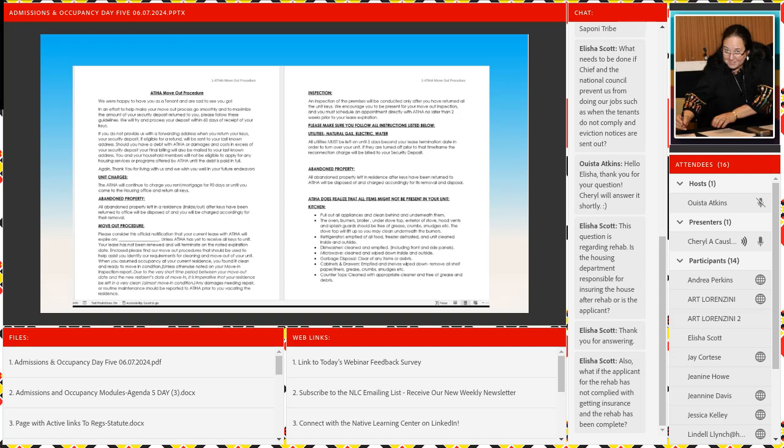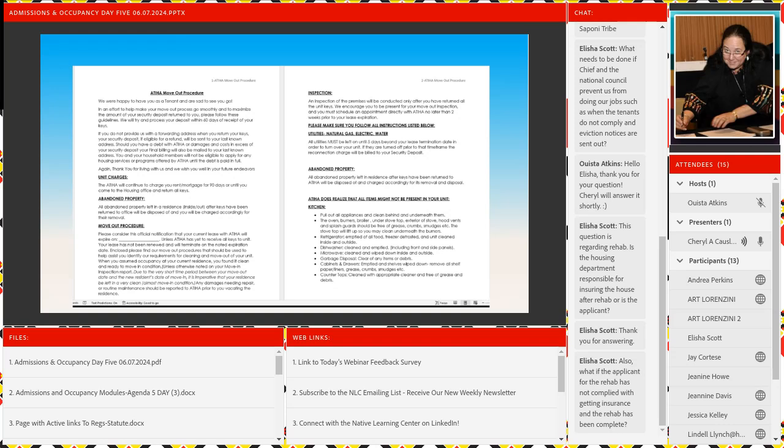Please make sure you follow all instructions listed below about turning off the utilities, the natural gas, and the abandoned property. We do realize that all items might not be present in your unit, but it tells them: your refrigerator emptied of all food, freezer defrosted, unit cleaned inside and out, cabinets and drawers emptied, shelves wiped down, remove all shelf paper, grease, crumbs, and so on.